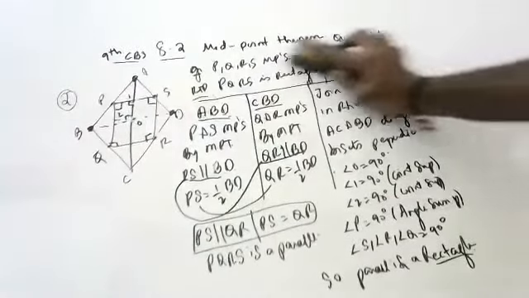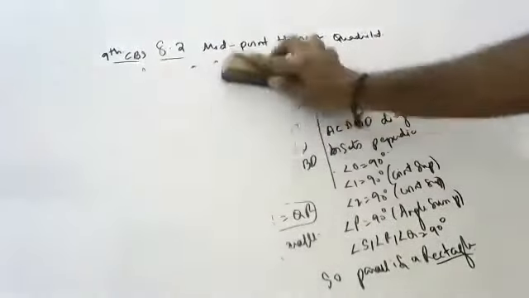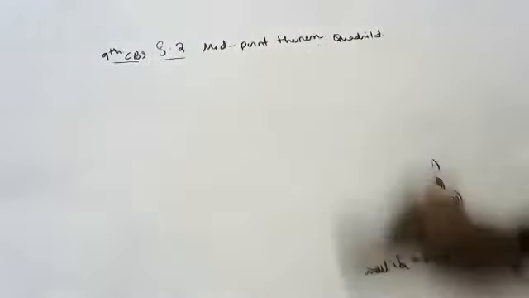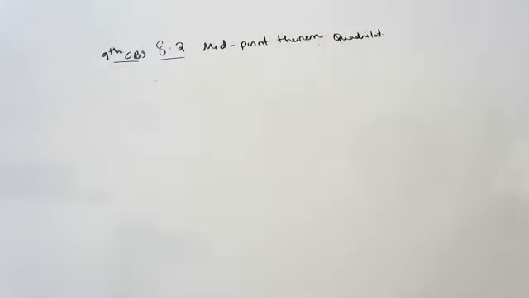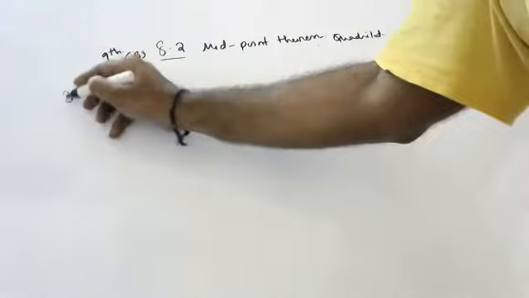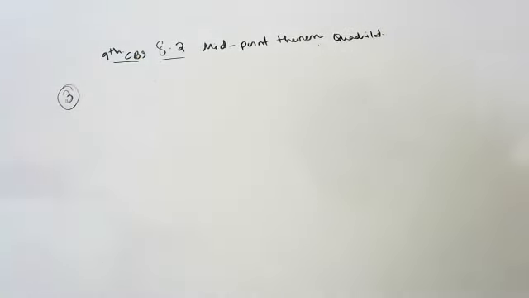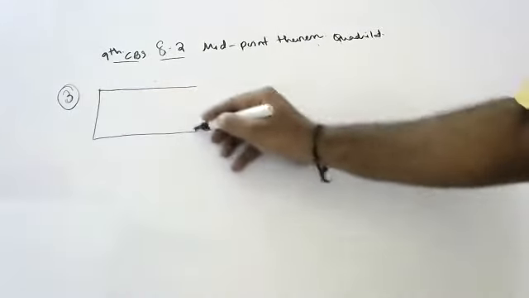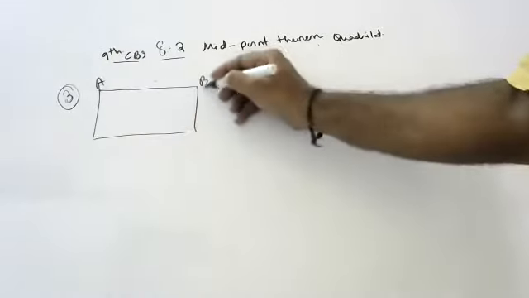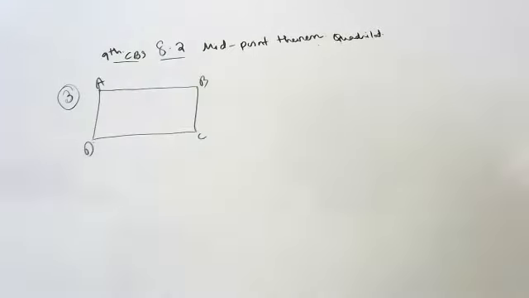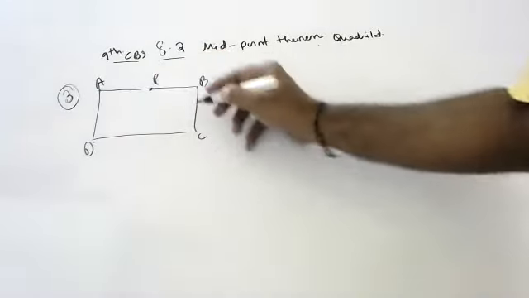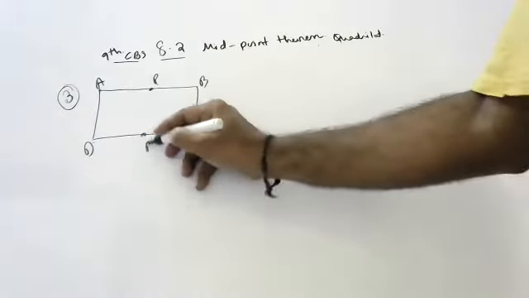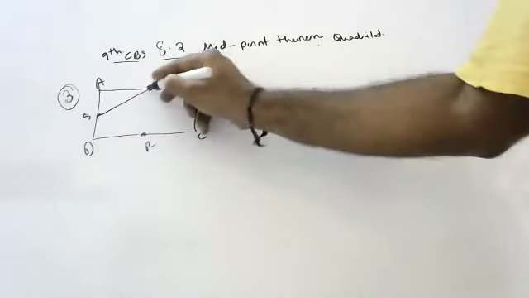Okay, next, third assumption. They have said that ABCD is a rectangle, and P, Q, R, S are midpoints.